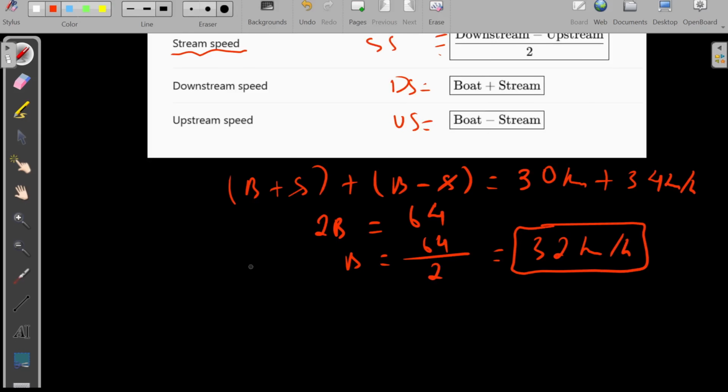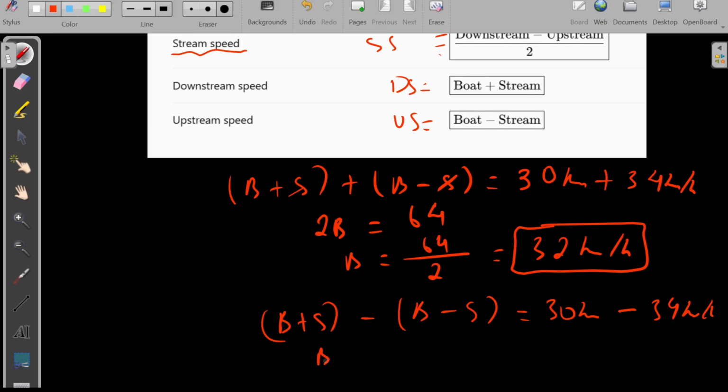If the question is asking to find the speed of the stream, so it will be b plus the stream. In this case, we subtract those values. B minus the stream. It'll be 30 kilometer, not plus, my bad. It should be minus 34 kilometer an hour.